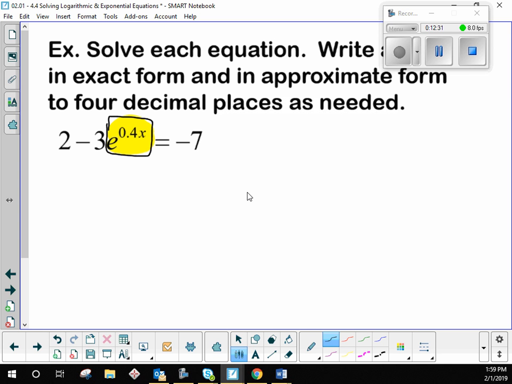If you want to see it in a simpler form, pretend that we didn't have the e stuff and we just had an x there. And ask yourself, okay, what would I do if it was this easier thing? Oh, okay, I would subtract 2, and then I would divide by -3. And that's what we're going to do here. So -2 to both sides.